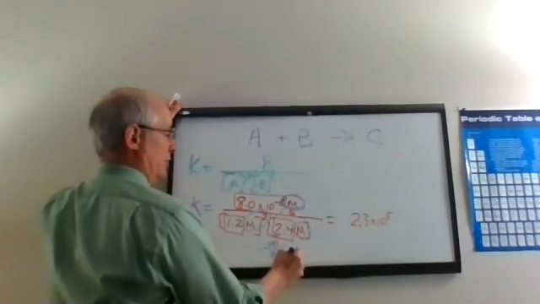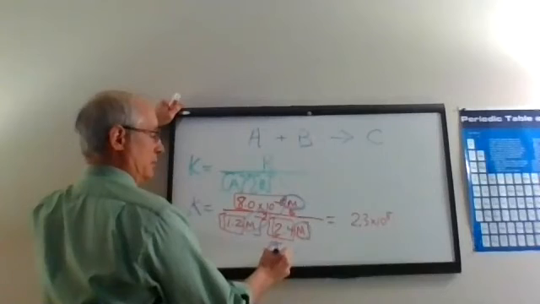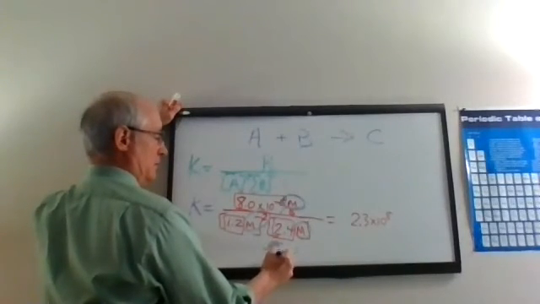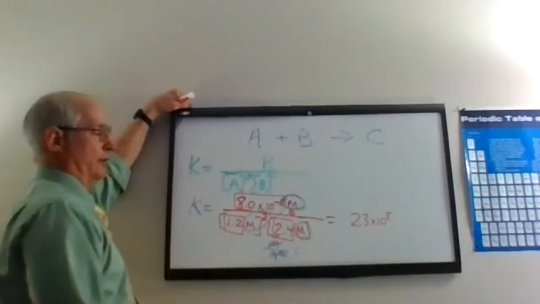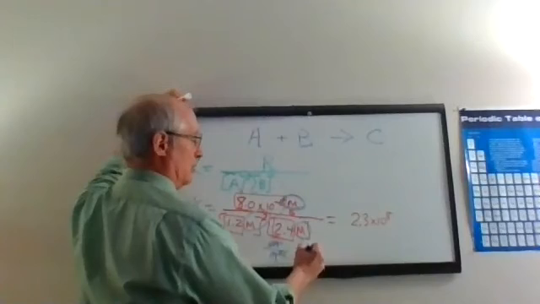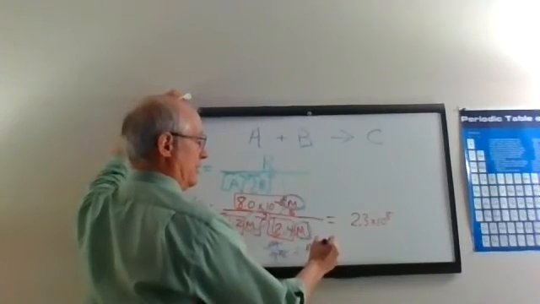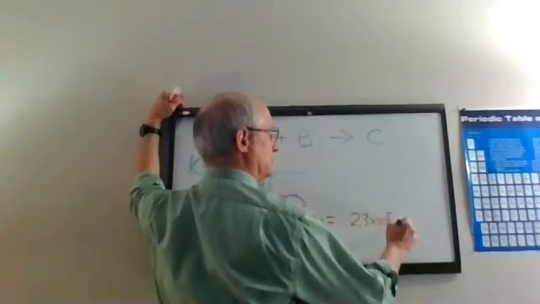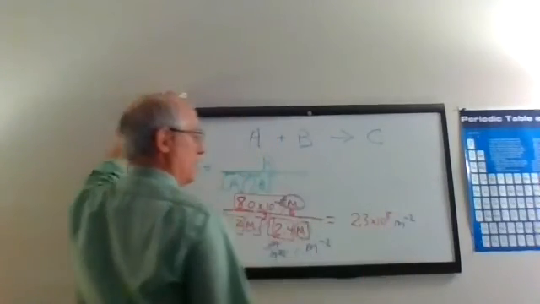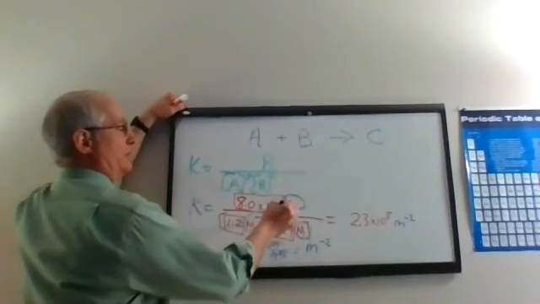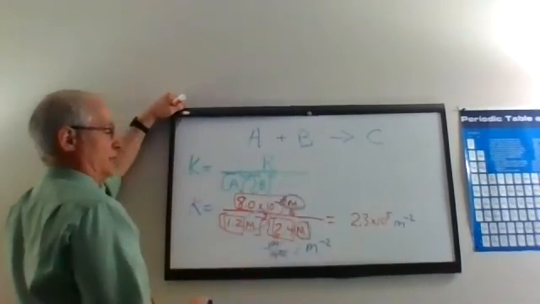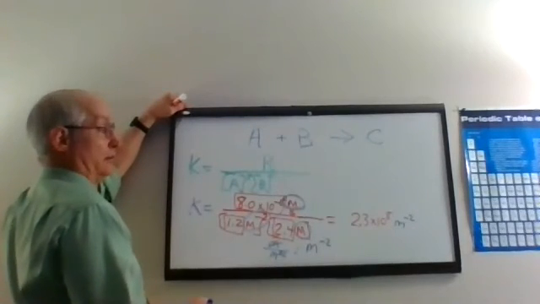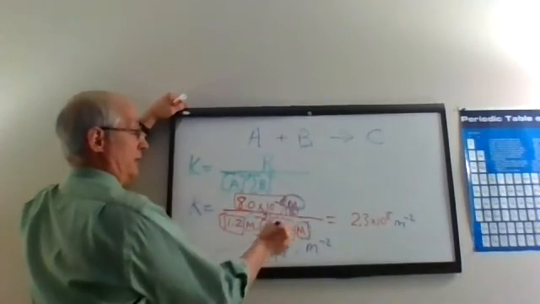Isn't that equal to molarity squared in the denominator, which we call molarity to the -2 because it's in the denominator? Now, when you take a fraction over a fraction, this is a denominator thing.